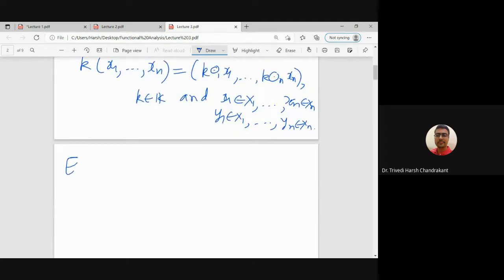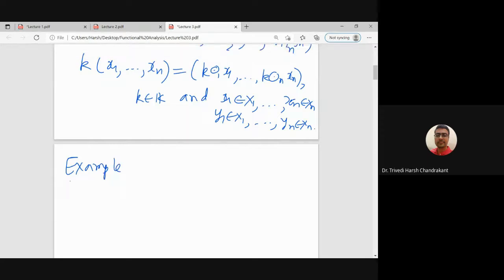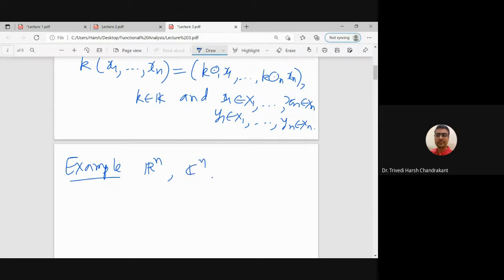And as an example, we know that if we take the same vector addition and scalar multiplication of real and complex numbers, then Rn and Cn, where C is the set of complex numbers, are examples of this.